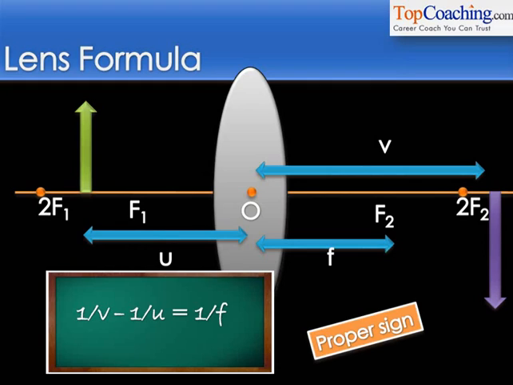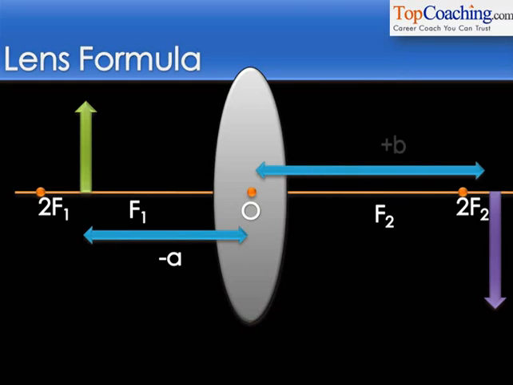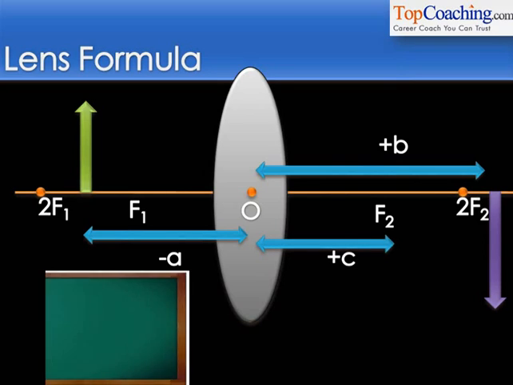In this case, again, proper sign must be taken. For example, let's say the distance of the object from the optical center is a. In that case, the coordinate of the object will be taken as minus a. If the distance of the image from the optical center is b, the coordinate of the image will be taken as plus b, as it lies to the right of the lens. The focal length of the convex lens, of course, is taken to be positive, say plus c.